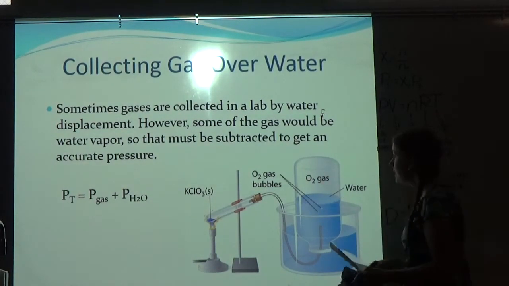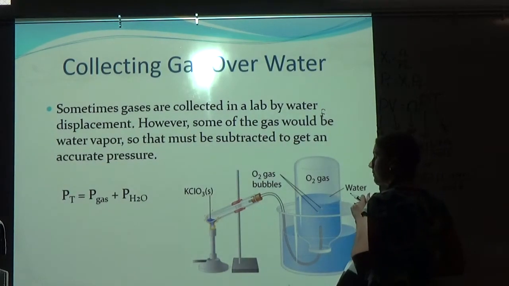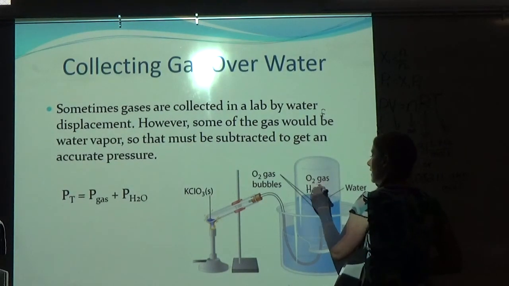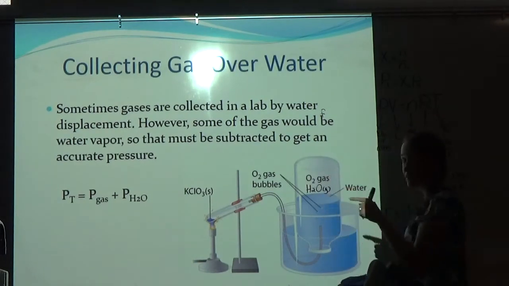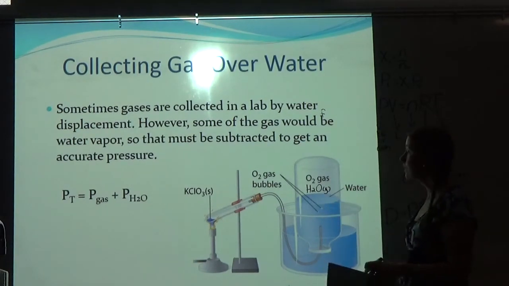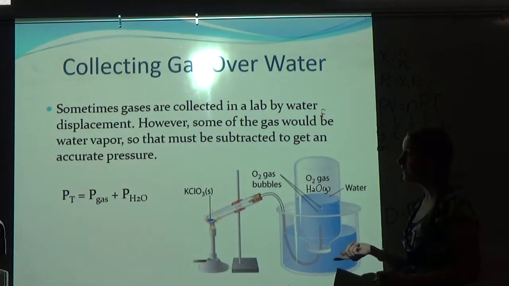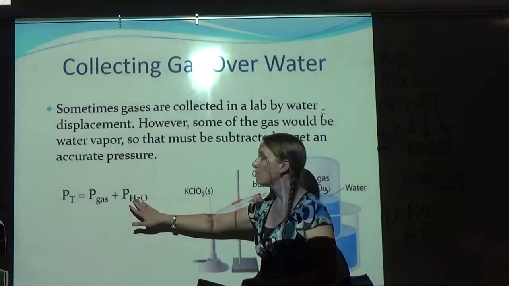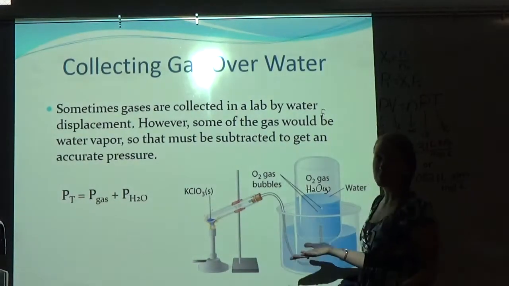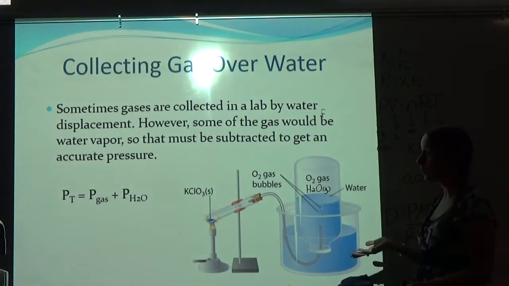The problem is, because water evaporates, we also have water vapor in this area. So if we're trying to calculate the pressure of the gas in order to figure out how much of the gas we have, we have to take away what part is coming from the evaporated water, the vapor pressure of the water.